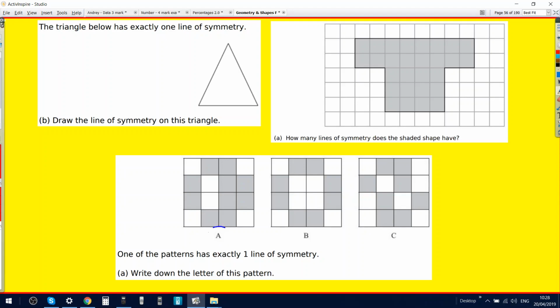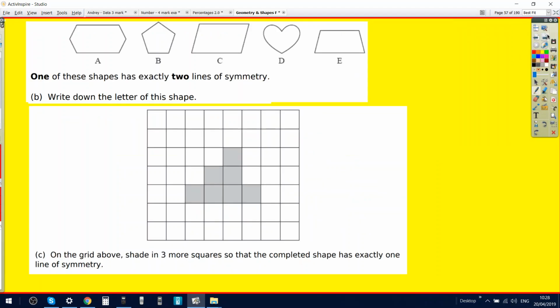Yes. How about the top one? One of these shapes has exactly 2 lines of symmetry, right down the middle of the shape. Is it A? Yeah.